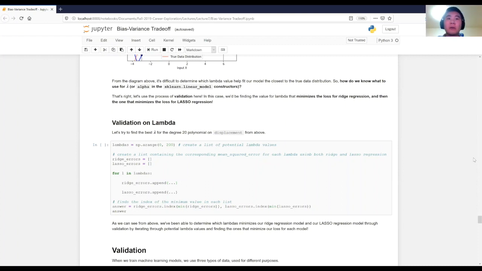So next we're going to go on validation with lambda, and this is a part that you will do. We have a bunch of different lambda values from 0 to 200, and we want you to create models with ridge and lasso, train these models, and report the test error that you get with these models.